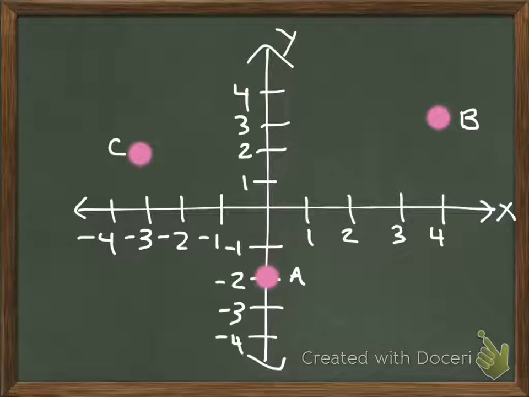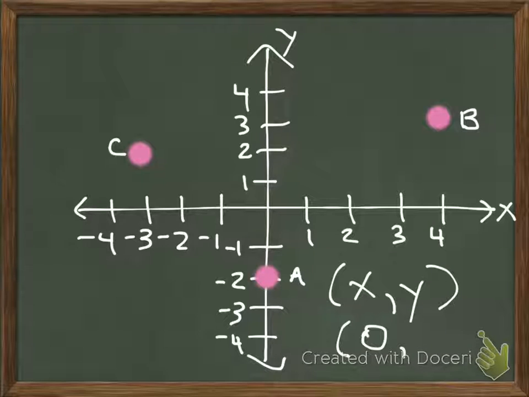So our ordered pair is x comma y. So my x-coordinate is going to be 0 for letter A because we don't go anywhere on the x-axis. And we went down 2 on the y-axis, so that makes my y-coordinate negative 2. So that's for letter A.